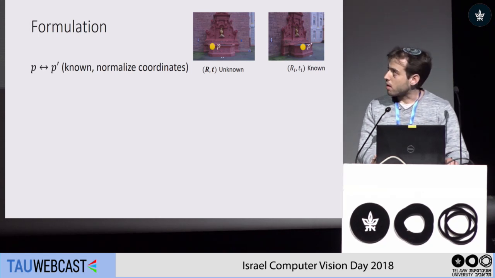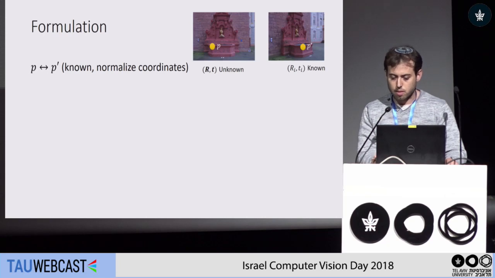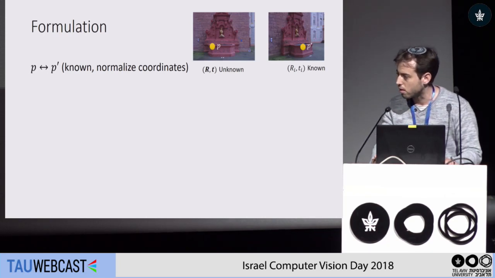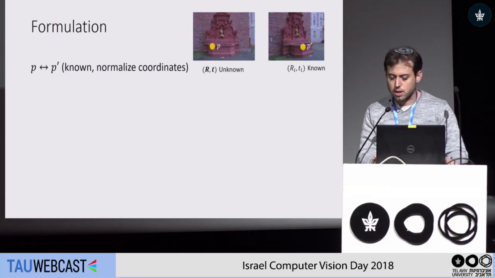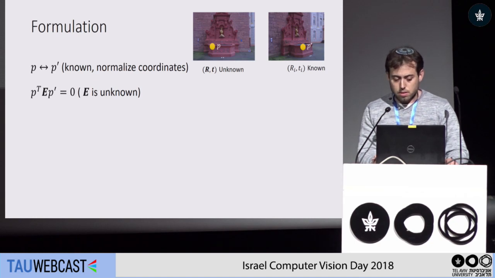Suppose that we have a point correspondence between two images where for one image the rotation and translation are known, and for the other image the rotation and translation are unknown. As a result, the epipolar constraint between the two points must hold. However, we assume that the essential matrix E is unknown here.